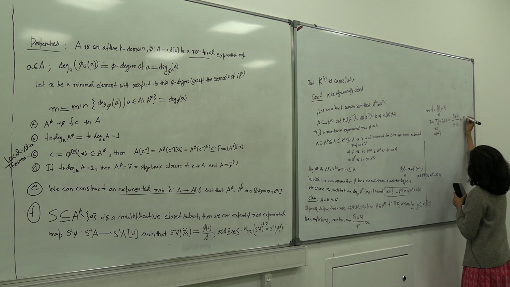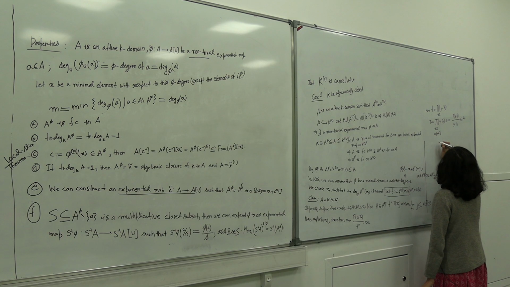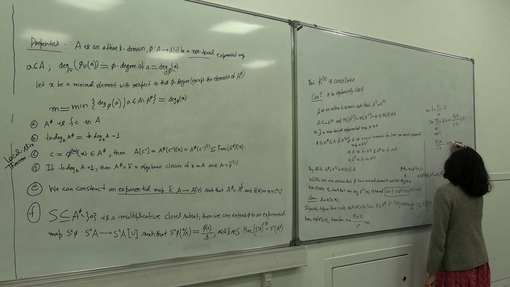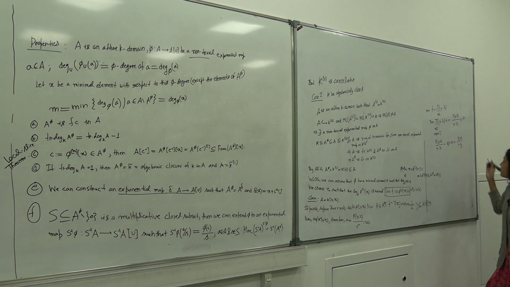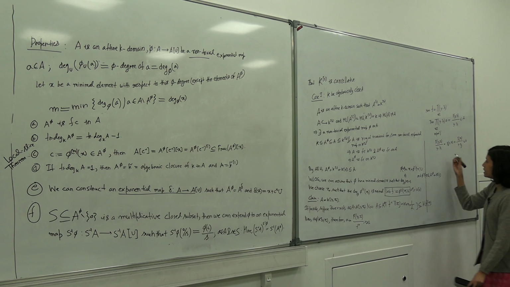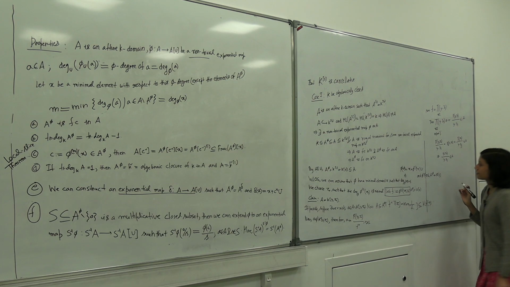This thing remains, and this is again inside A. So now my denominator looks good, it's y minus lambda j. Now again I can split this thing, y minus z0 over y minus lambda j, as some polynomial in y and z0 by dividing, plus some polynomial in just z0 over y minus lambda j. This is also inside A and this is also inside A. So we can conclude that g1 z0 over y minus lambda j is inside A.